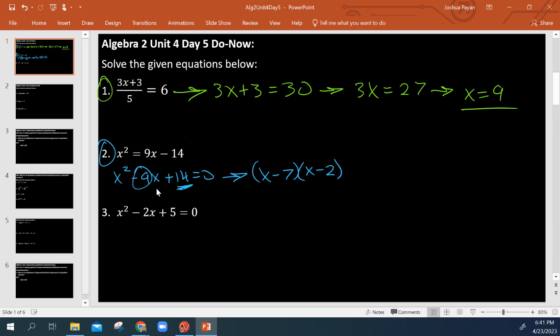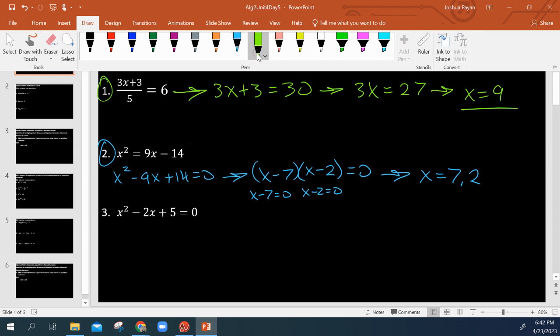Negative 7 times negative 2 gives me positive 14. Negative 7 adds with negative 2 to give me negative 9. That means for my two solutions, x minus 7 equals 0, x minus 2 equals 0. My two solutions obviously are going to be x is equal to 7 and 2 respectively.